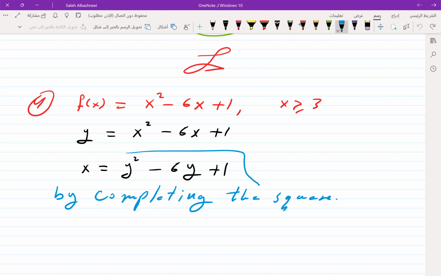I want to complete the square for the right-hand side. I have x equal to y squared minus 6y plus 1. Now to complete the square, we need to add the coefficient of y, minus 6 divided by 2, and square it. So I have to add 9 to the left-hand side and right-hand side.